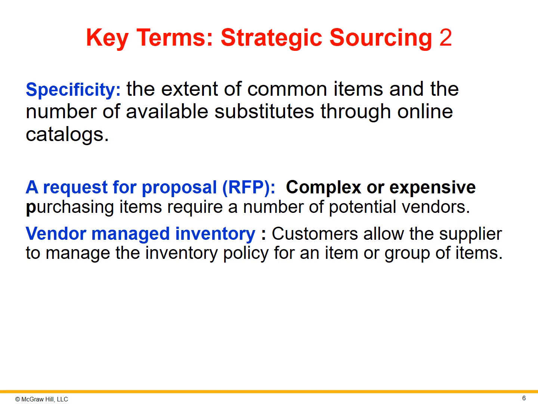We learned about the definition of strategic sourcing in the previous slide, and here we see a few key terms such as specificity, that is the extent of common items, so it has to do with the diversity of the products that a company offers. And then RFP, this is done from the customer to the vendor, and the vendors may provide a quote based on the complexity or the price.